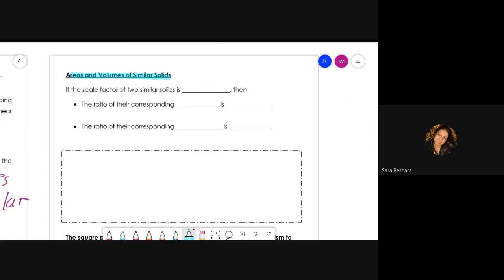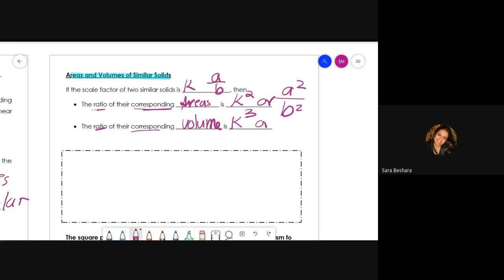So if the scale factor of two similar solids is K, or again, we use A over B, then the ratio of the corresponding areas is the square of K. So it'll be K squared or A squared over B squared. The ratio of the corresponding volumes is K, and can you figure? Cubed, or A cubed over B cubed.